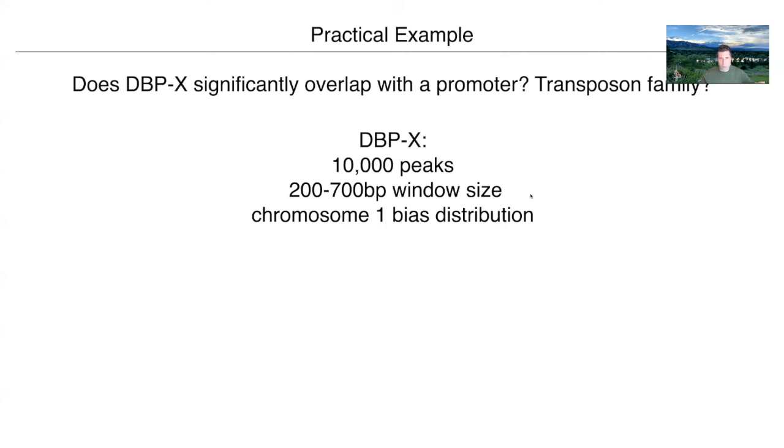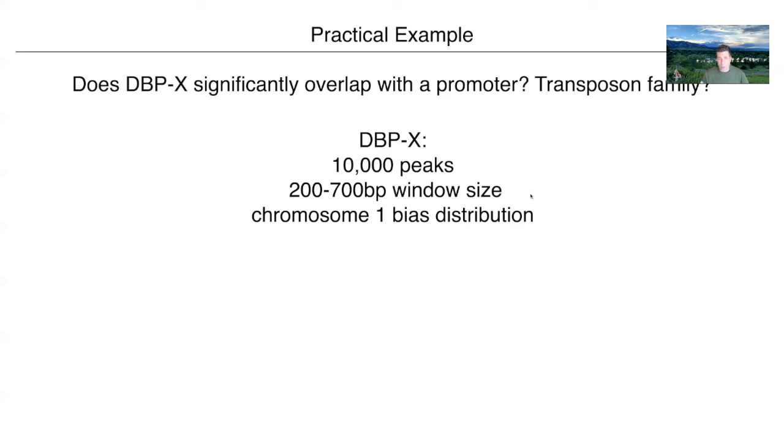And then we can do permutations on every single chromosome. I think that's kind of confusing, but really we're going to represent the data as it is, then sprinkle it randomly around the genome and ask how many times we saw an overlap with a promoter. Does this DNA binding protein bind to promoters significantly more than we'd expect by chance?